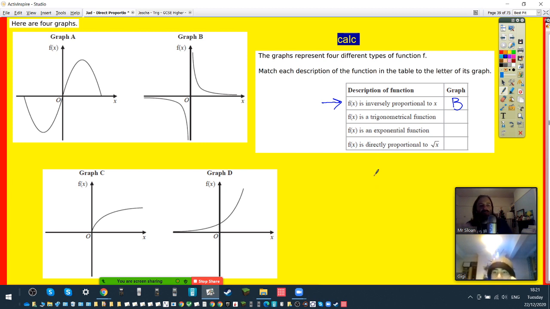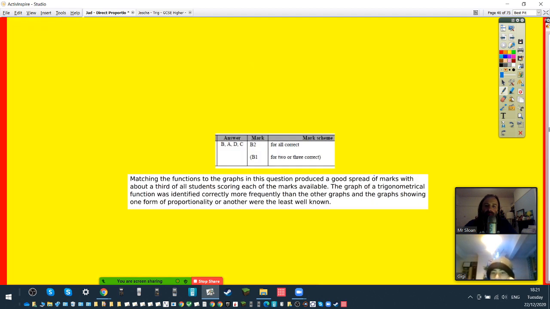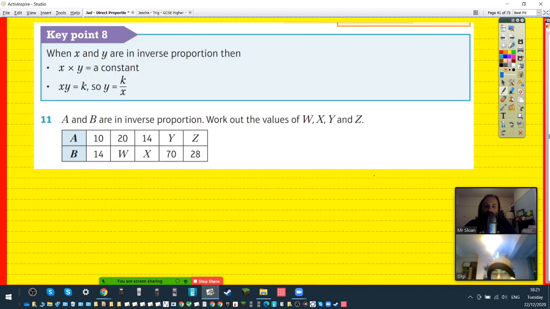I'm not worried about the other ones. I don't think we've done them yet. This one looks different. Should be similar. How do we do this?